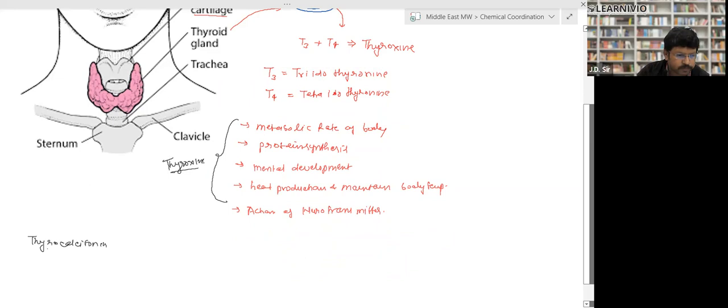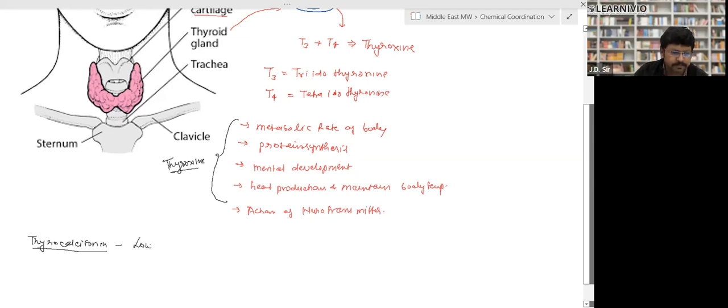What is the function of thyrocalcitonin? Please note down. It is secreted when the calcium level is high in blood.